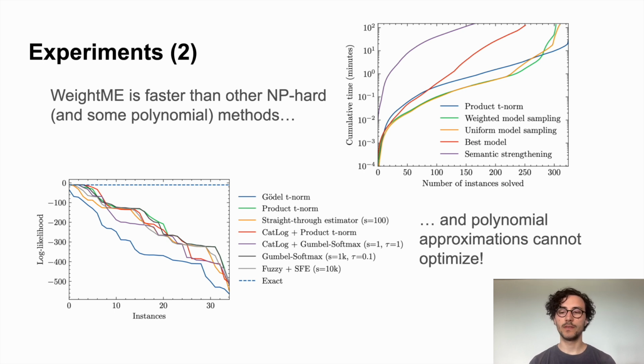On the other hand, there are methods which are designed to be polynomial and approximate in polynomial time and will generally outscale WeightME, but these methods typically really struggle to optimize. So that shows that there is a point to be made to use NP-hard gradient estimators.